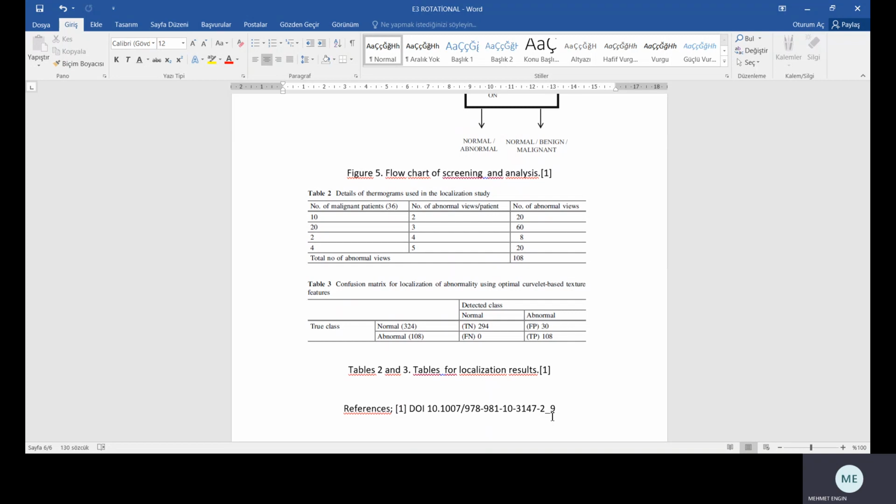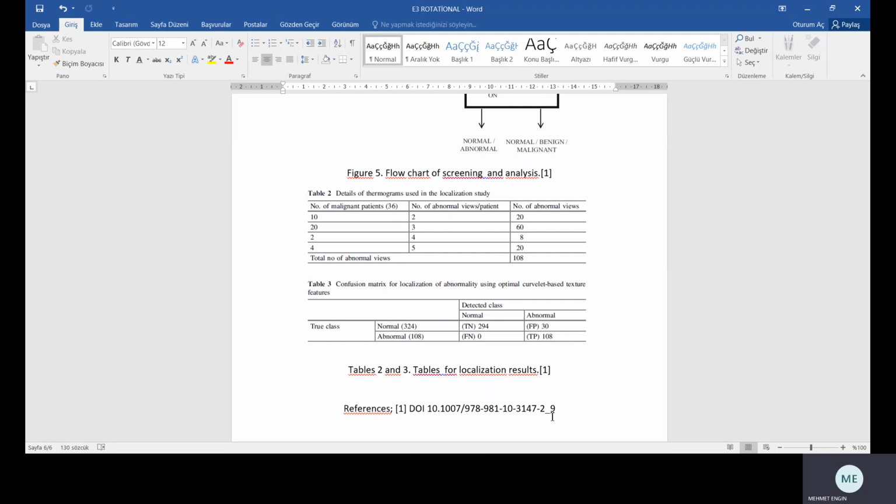Finally, these are the conclusions of the seminar. As rotational breast thermography acquires images of the breast in multiple views, its ability for localization of abnormality has also been explored. Screening performance of rotational thermography is found to be superior with curvelet-based texture features.